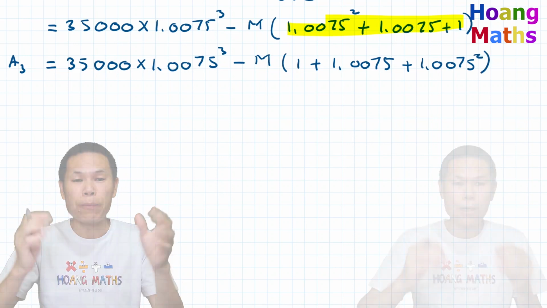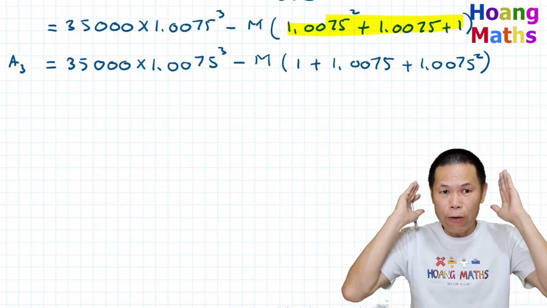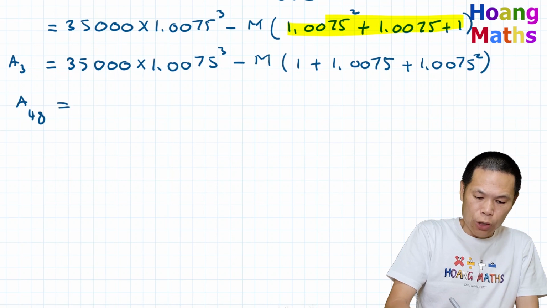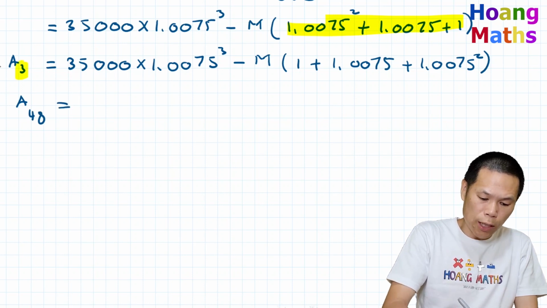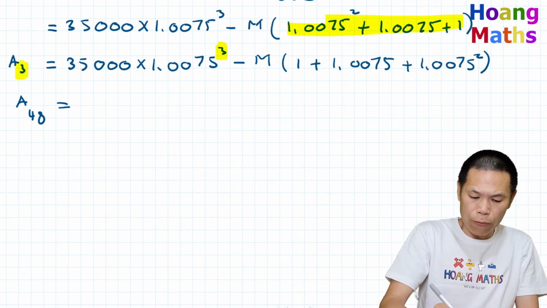That is A3. But we need to work out A48 because Tarun made 48 payments. Because A3 is power 3, A48 should be power 48.